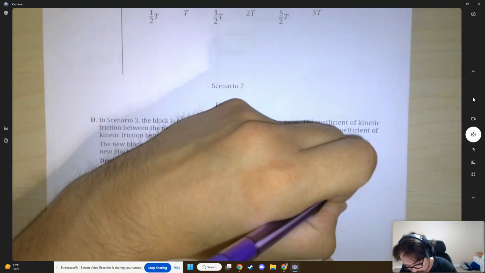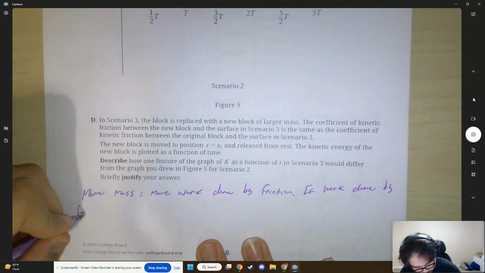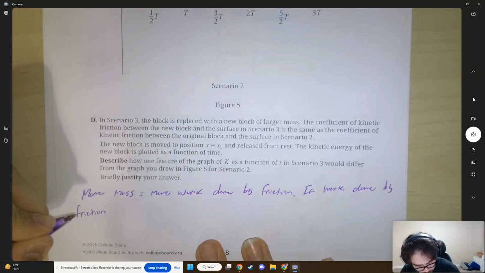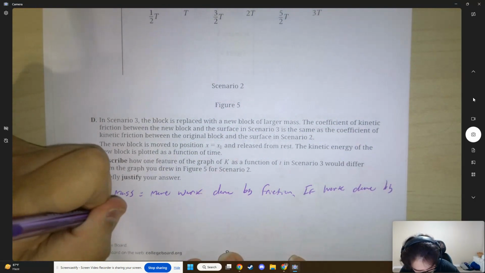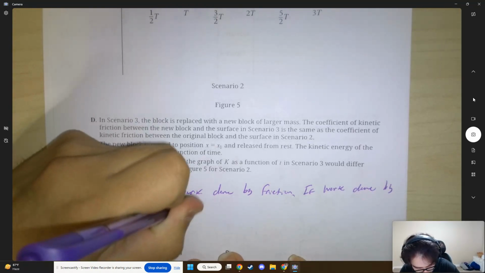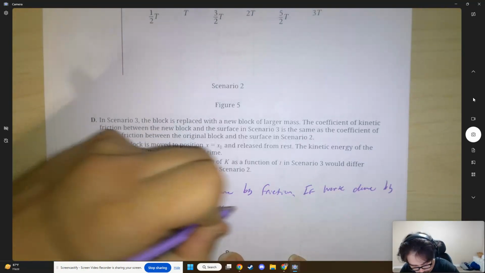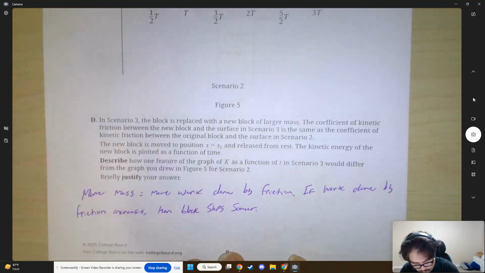Okay. If work done by friction increases, then the block stops sooner. Okay.